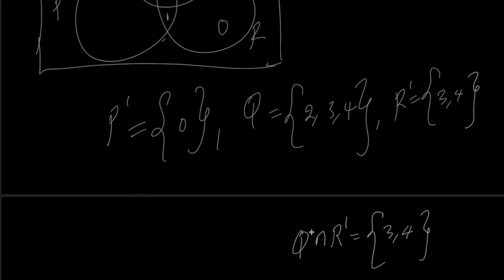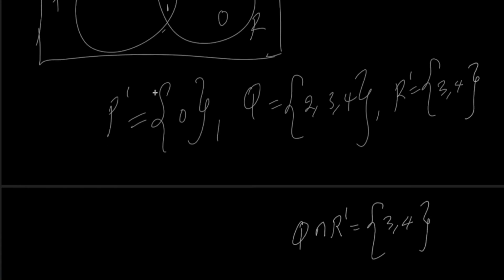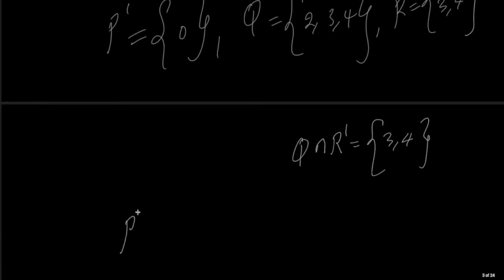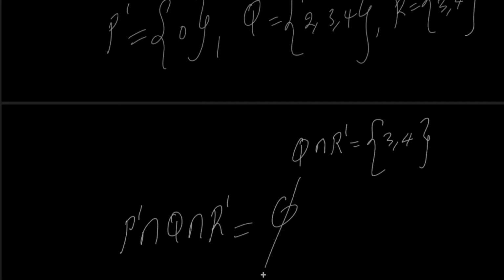But here, if we find the intersect of these, there is no intersect. Therefore, the complement of P intersect Q intersect complement of R is a null set.